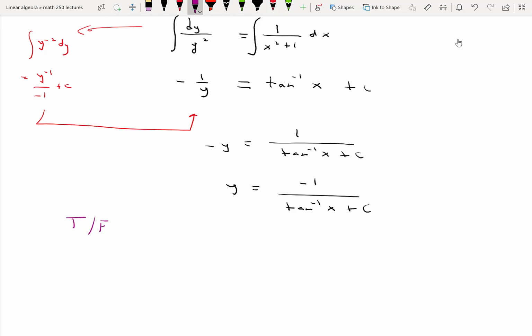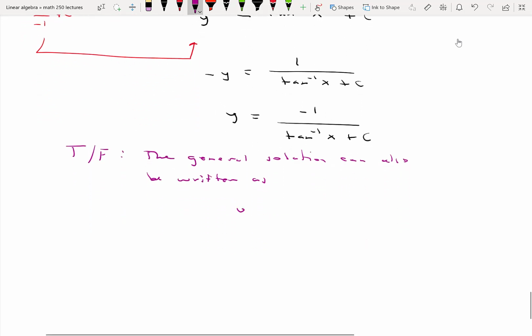True or false? The general solution can also be written as y equals 1 over some constant k minus inverse tangent of x.